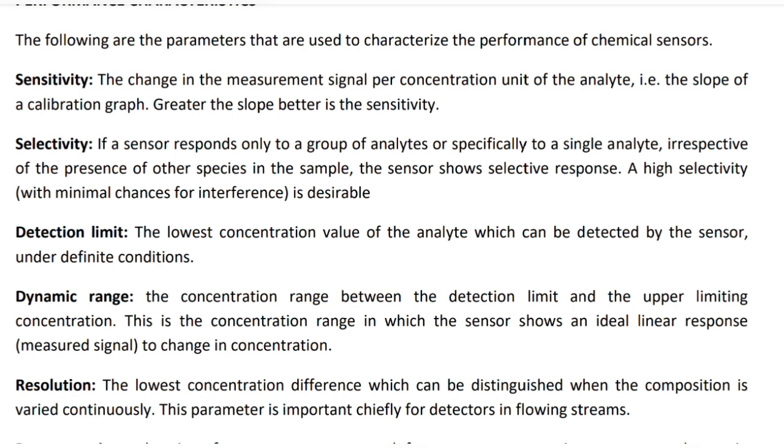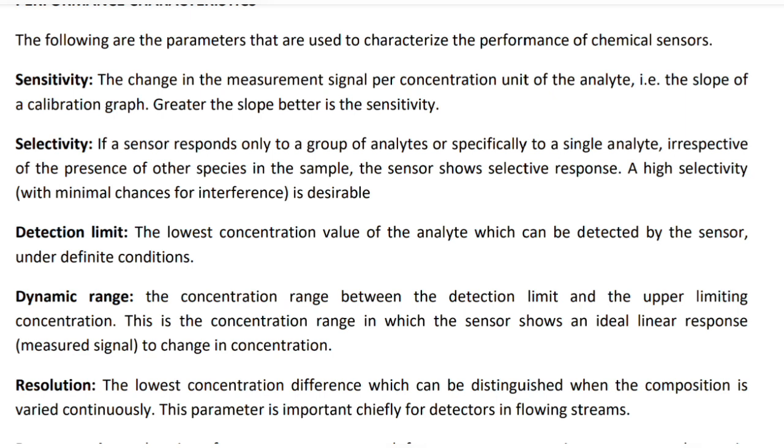For example, a small or unit change in the concentration can produce large signal variations. For example, a concentration of 0.01 milligram itself can produce a large absorbance variation, right? So that type of sensors are called very sensitive sensors. A small change in concentration itself produces a large measurable signal.